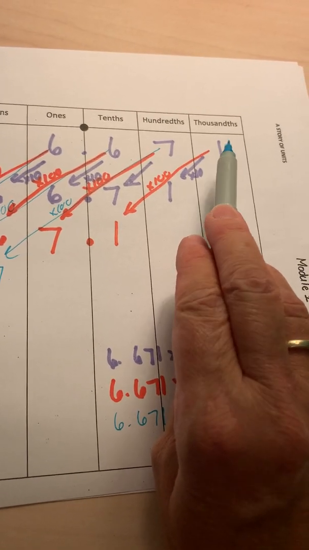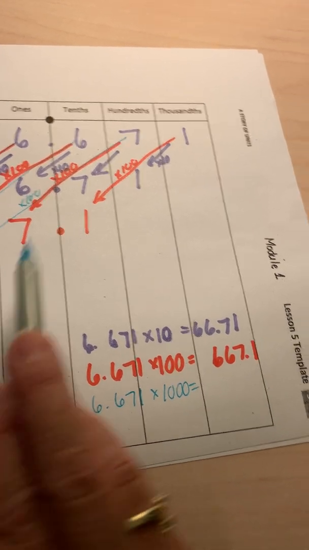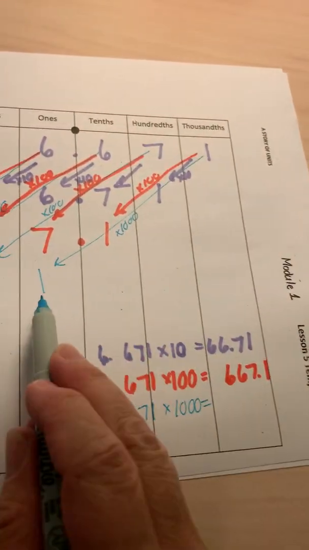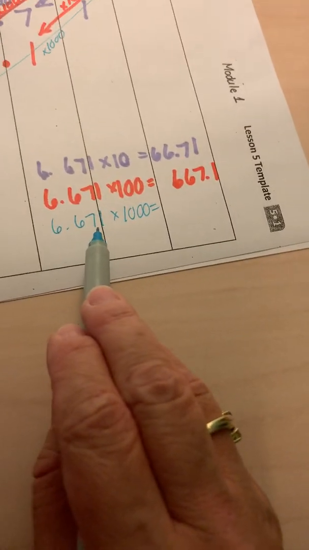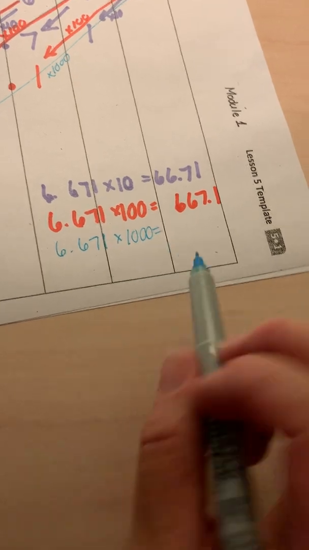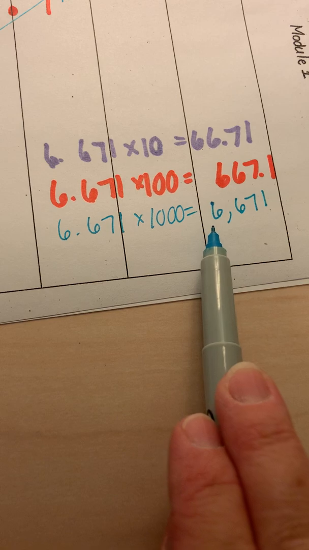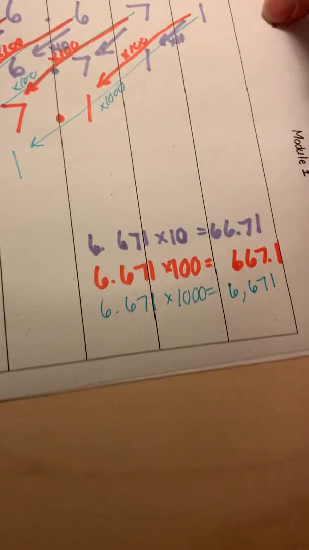We have a digit 1. 1 thousandth times 1,000 moves over 3 place values, and we get a 1 in the ones column. So 6.671 times 1,000 equals 6,671.